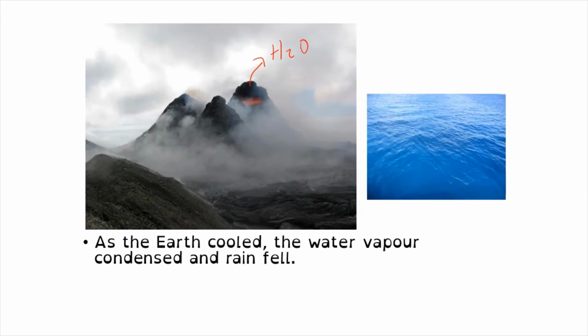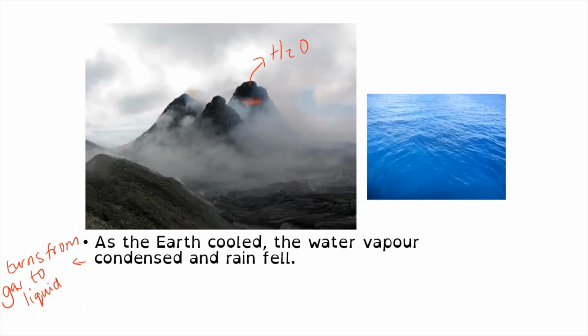continued to be produced, but also cooled as well, and that caused it to condense. Now, condensing means turns from liquid to gas. Sorry, from gas to liquid. Oh dear, got no hope if I can't get it right. Gas to liquid. Apologies for poor handwriting here.